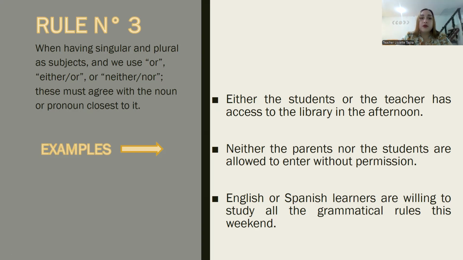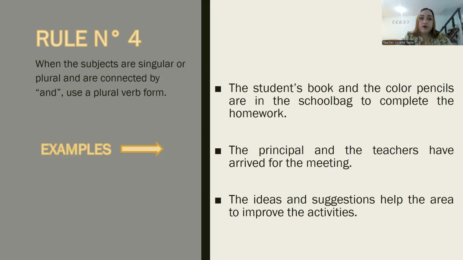In rule number 4, when the subjects are singular or plural and are connected by and, we use a plural verb form. As we know, and is a connector. So even though I have singular nouns, I have to use a plural verb because I am adding information to the sentence. I have 3 examples again.